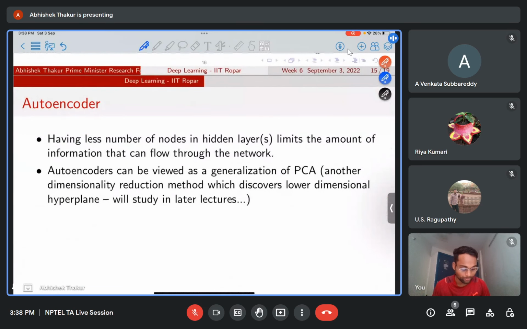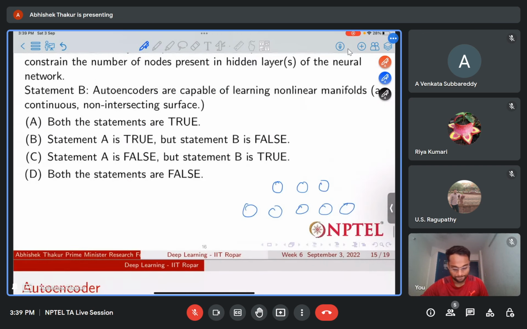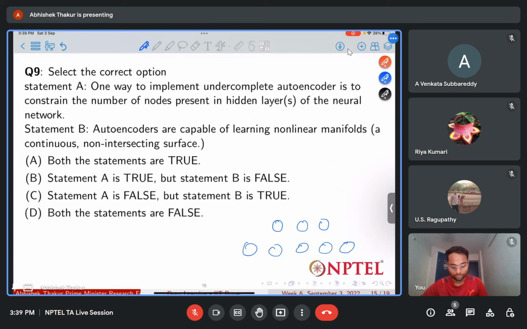Second, autoencoders can be viewed as a generalization of PCA, another dimensionality reduction method, which discovers a low dimensional hyperplane. Okay, so both option A and B are correct in this question.